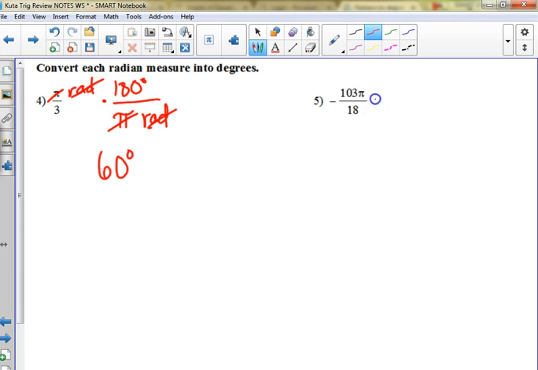Can you do this one real quick? How did I do? Somebody get that? Because the 18 goes into 180 10 times. The pi cancels, 10 times 3. And negative. Don't forget the negative.